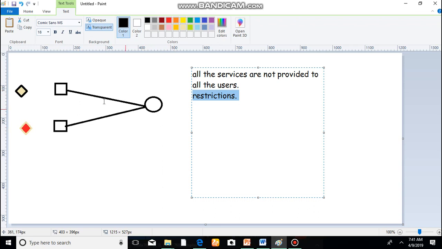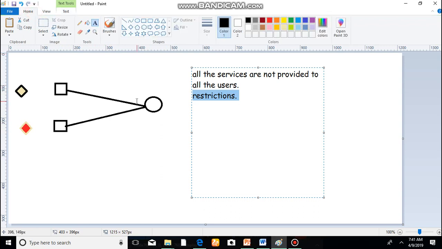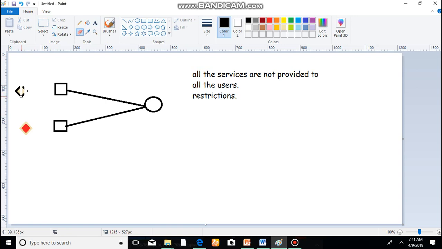So it will authenticate the workstation. But there is a chance of loss of authentication, because sometimes the user is not there, yet someone else is using this workstation and getting the services which are restricted to this user. So there is a loss of authenticity.